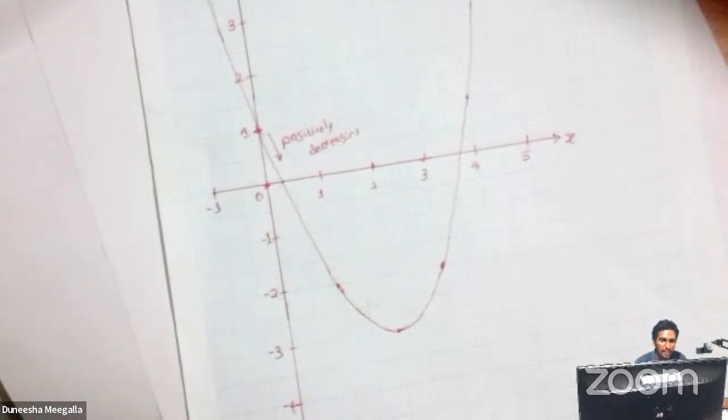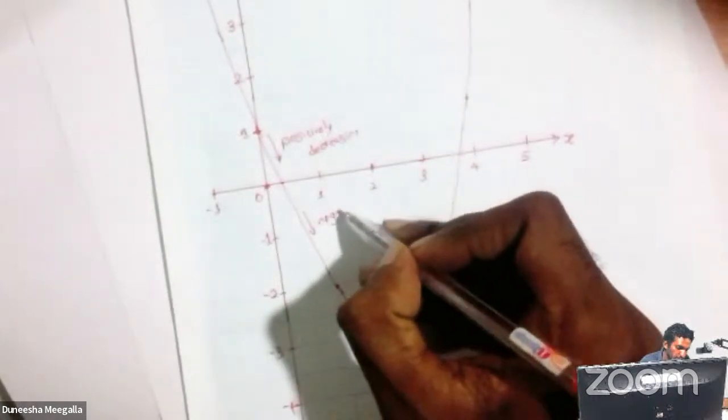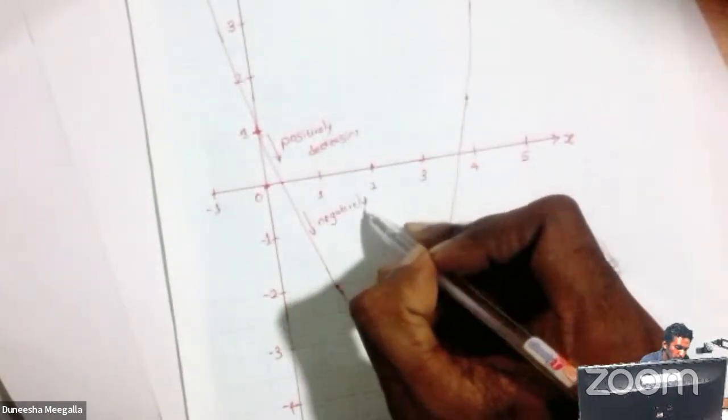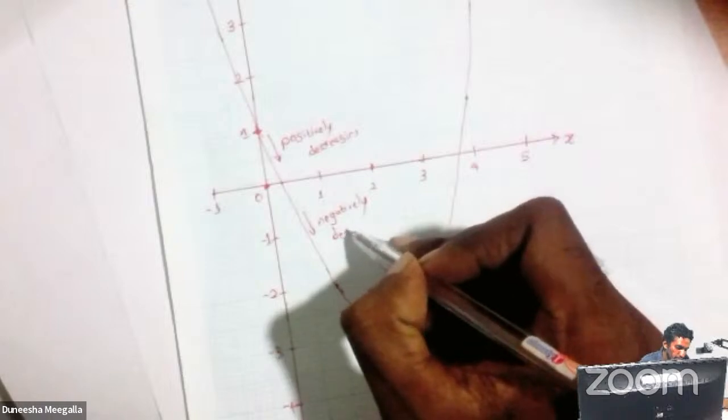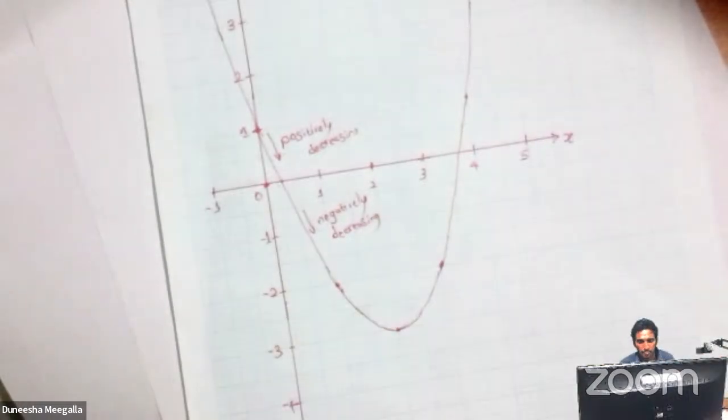Negative. Negatively increasing or decreasing? Decreasing. Yes. Negatively decreasing. Okay, let's see how we give the answer to the question.